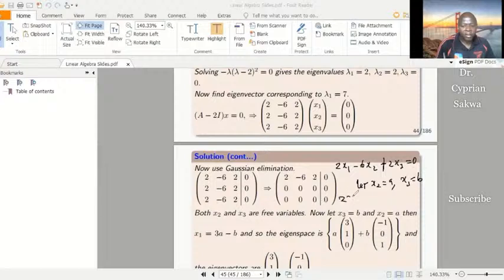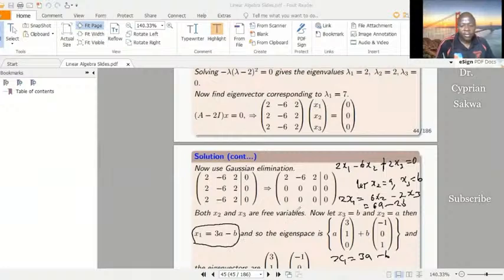Then 2x1 will be the same as 6x2 minus 2x3, but x2 is a, so I have 6a, and x3 is b, so I have 2b, and that equals 2x1. So x1, divided through by 2, will be 3a minus b. So that is why I write this.